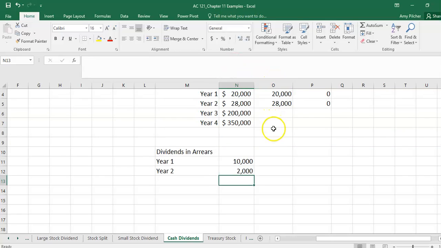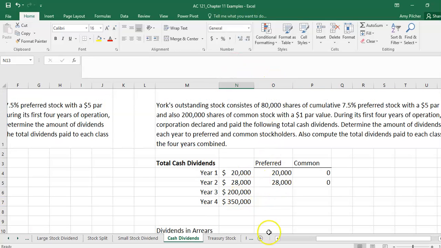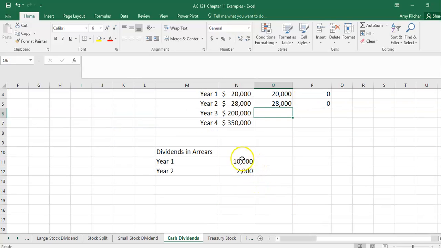Now we're in year three, where we have this $200,000 dividend. Because the preferred stock is cumulative, that means we have to pay them their $30,000 and all of their back dividends, or their dividends in arrears, before we can give the common shareholders anything. So we have to give them their $30,000 plus the $10,000 from year one and the $2,000 from year two.